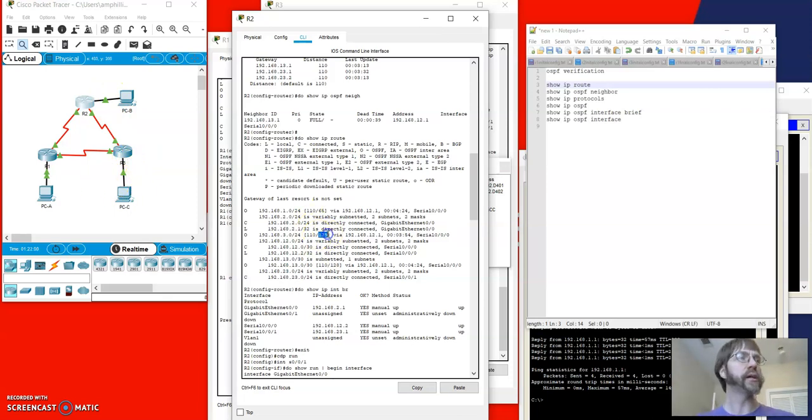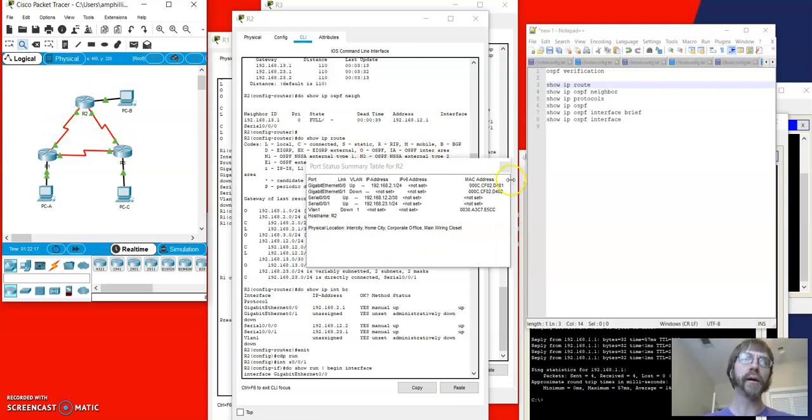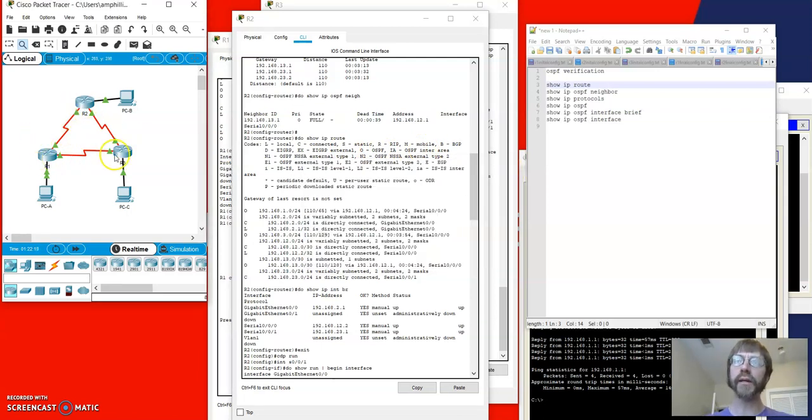This 128 was too high. I should have seen a 65 for a direct path out this exit interface here and this exit interface here, instead of an indirect path going all the way around the mulberry bush, as it were.